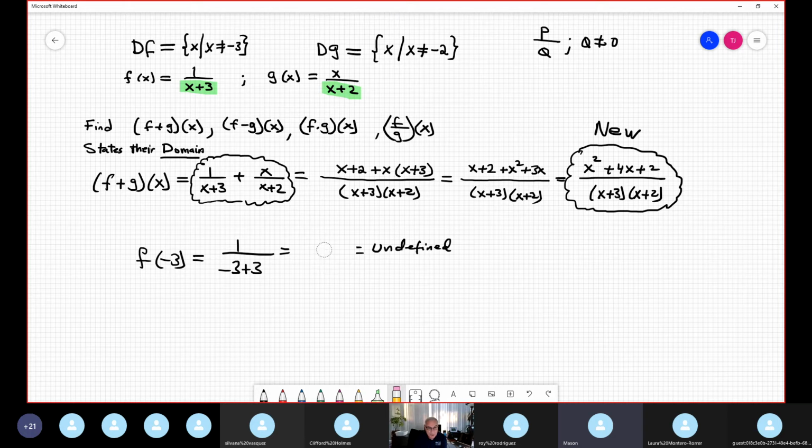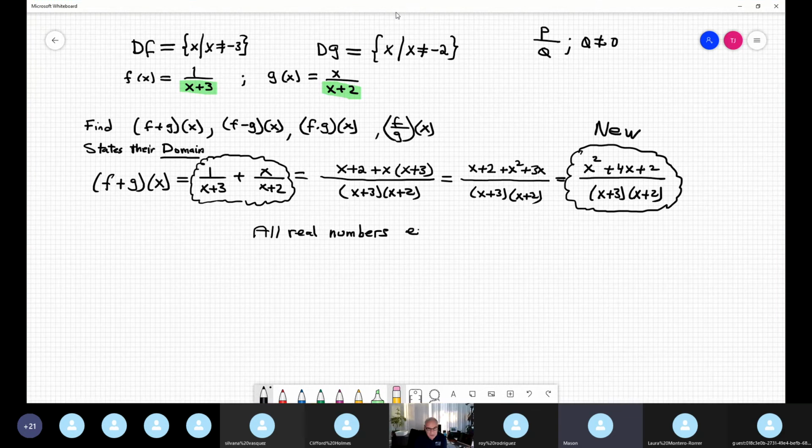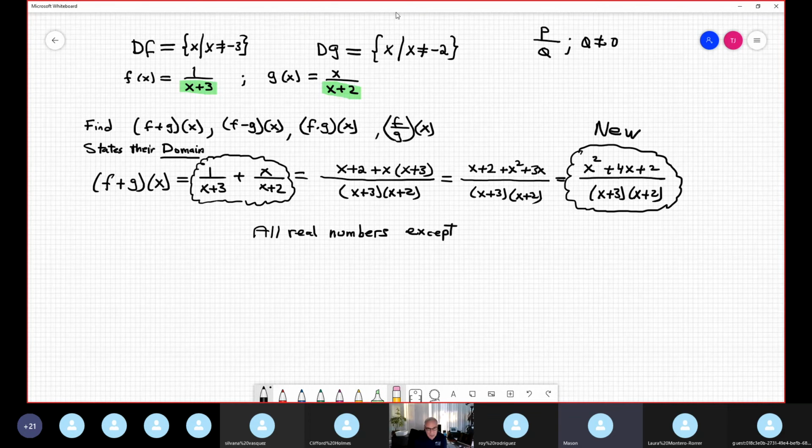And so, what is the domain of the new one? Well, I studied that it is the intersection. It is this and this together. That is, the domain of this is all real numbers except the bad guys. Who are the bad guys? Negative 3 and negative 2.